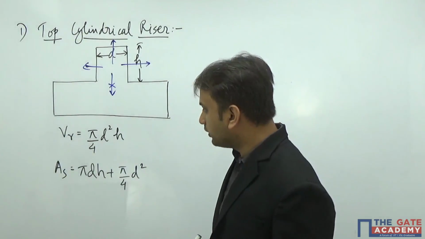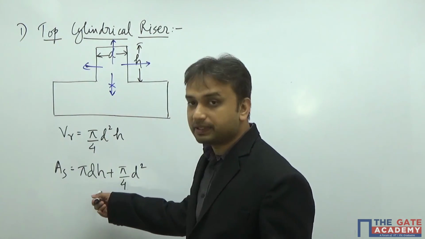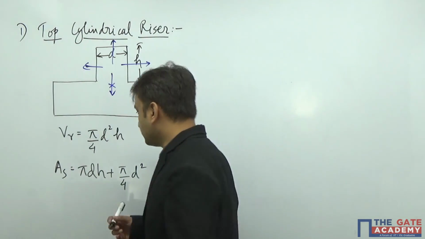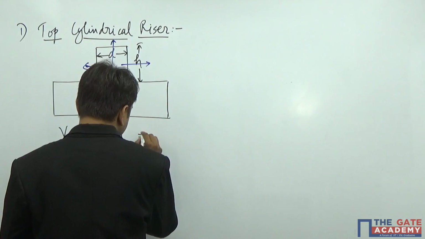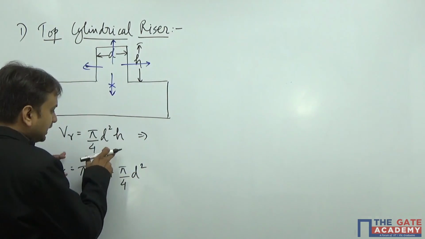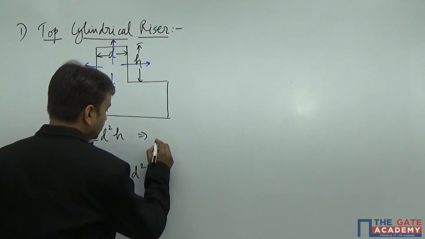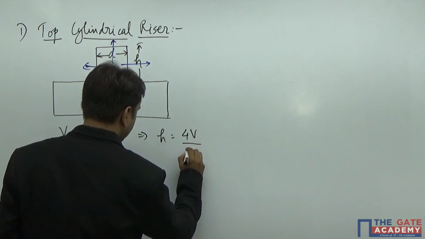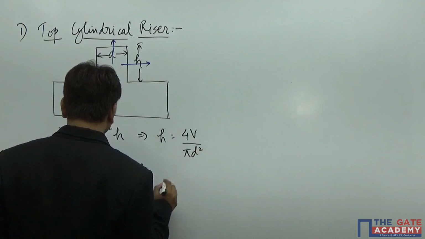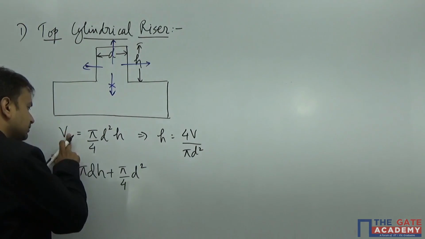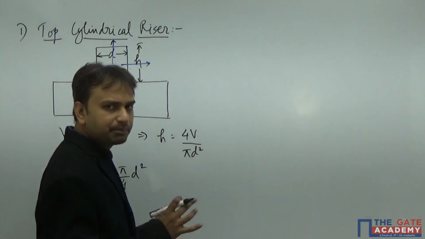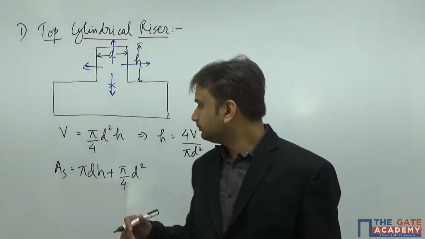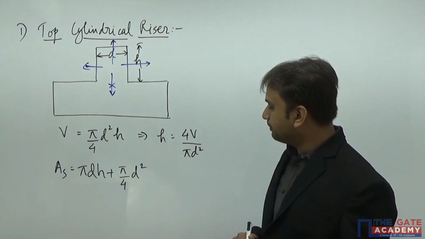I'm going to replace this h, using the first equation: h is equal to 4v by pi d square.